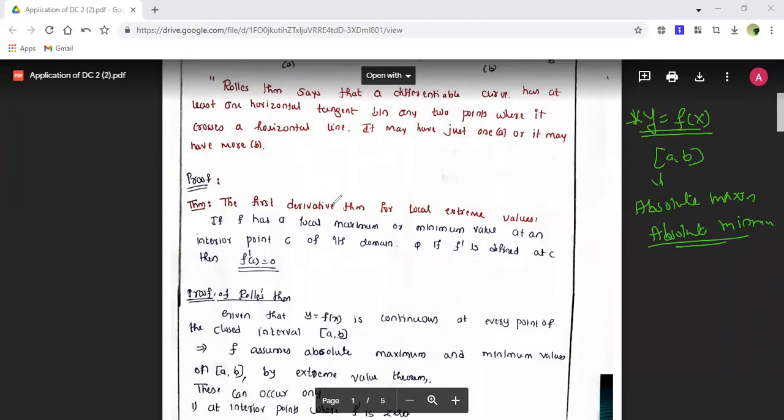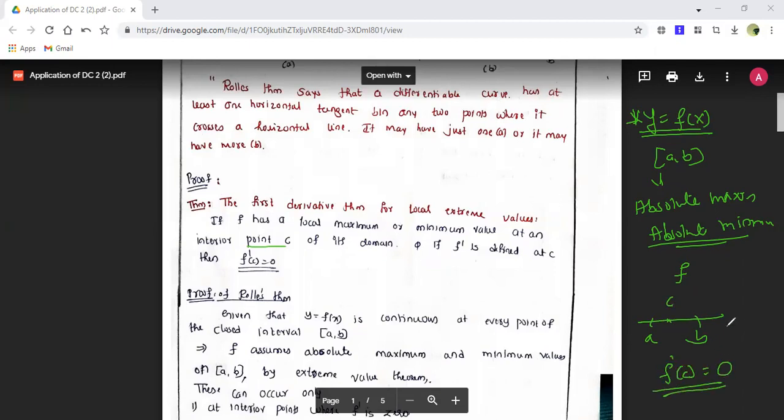Now we have the first derivative theorem, which says if f has a local maximum or minimum value at an interior point c of its domain, that is, if f has a local maximum or local minimum at an interior point of the open interval a, b, then f dash at this particular point c will be equal to 0.